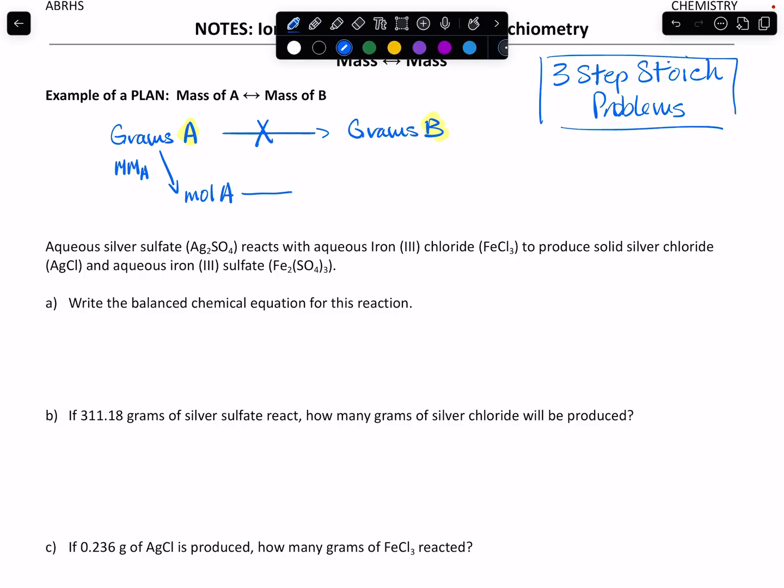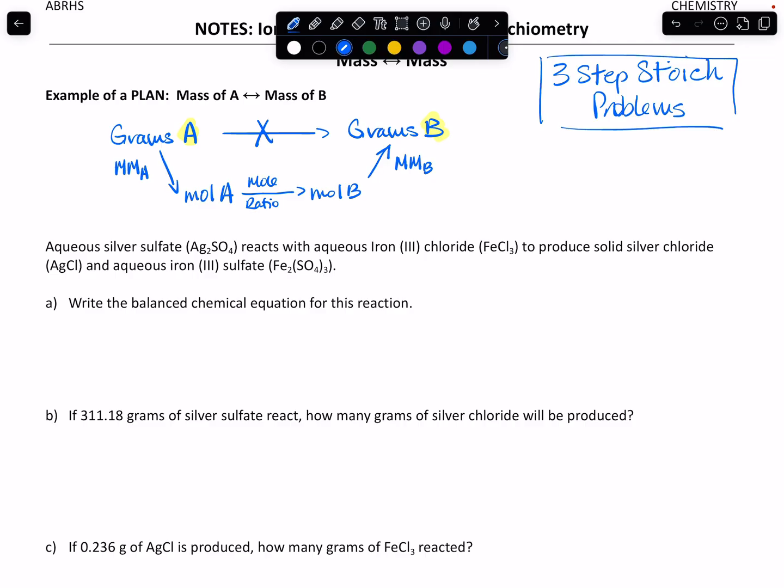I'm going to have to convert that moles of A to something else, and that's going to be moles of B. To make that jump between chemical entities, you have to be in the mole. And we use the mole ratio to move between the two substances using the coefficients from the balanced chemical reaction. Now, once I'm at moles of B, I can go to grams of B. That is a step I can do using the molar mass again, but this time of B.